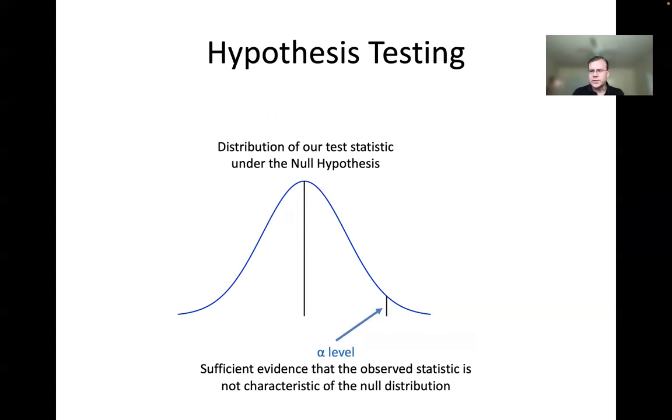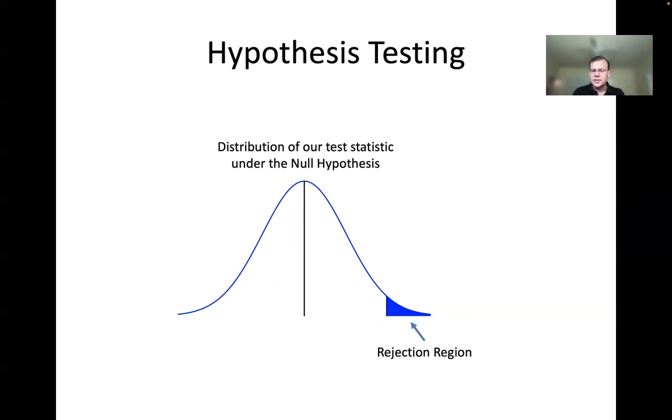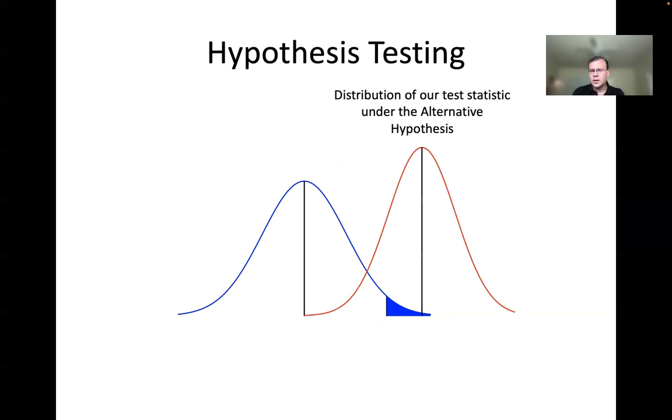So in a standard situation where alpha is set to 0.05, anything that falls in this blue shaded region, we would claim is inconsistent with the null hypothesis, and therefore we will reject it. Now, even if it is part of the null hypothesis, we will observe that approximately 5% of the time, i.e. a p of 5%. The second thing that we really need to think about is the distribution of the test statistic under our alternative hypothesis.